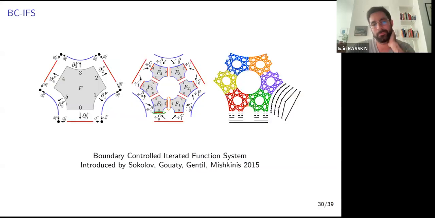So the BCIFS model, introduced by Sokolov, Wettig, Gentil, and Mishkinin in 2015, generalized and extended this IFS model by also using iterative functions, but encoded by an automaton. We are going to define some equations that will allow us to control the shape of the final fractal.